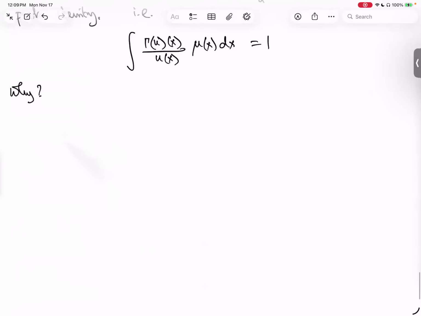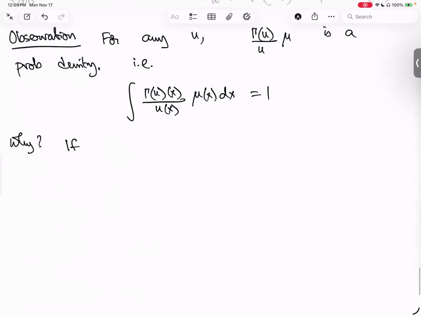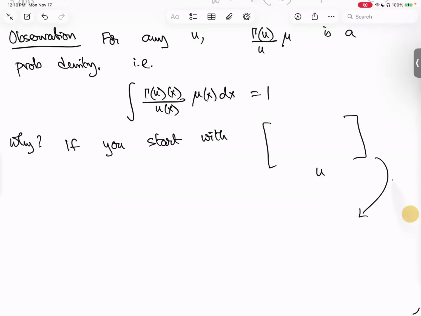If you start with a matrix, or rather a continuum matrix, which has u as its row sums, and then you do a step where you make the column sums nu, then you get something over here where the column sums have become nu, and now I'm again flipping my rows and columns.